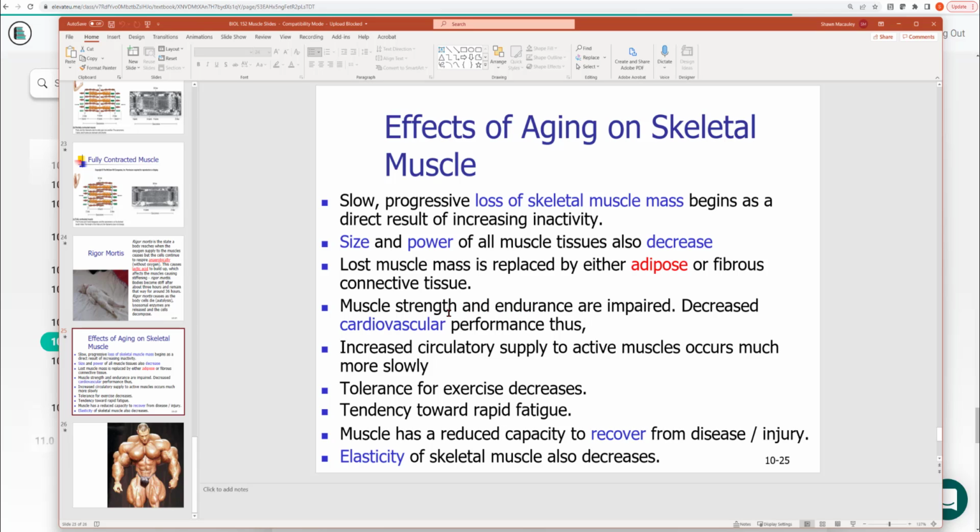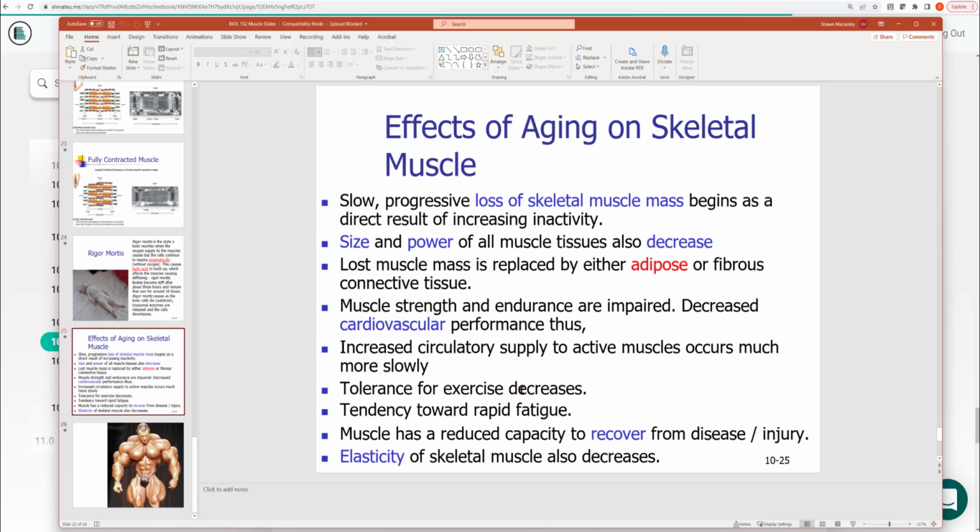As a result, not only are your muscles weaker, but your cardiovascular performance also is going down. Don't forget, your heart is a muscle as well. Your tolerance for exercise will decrease, and your fatigue will increase, right? That makes sense.